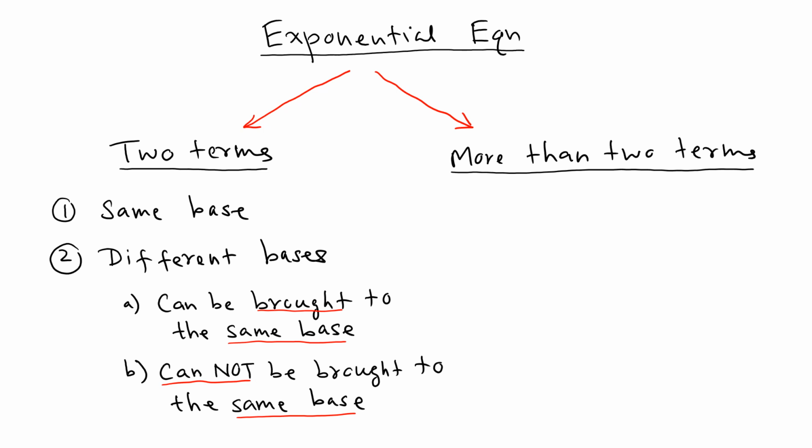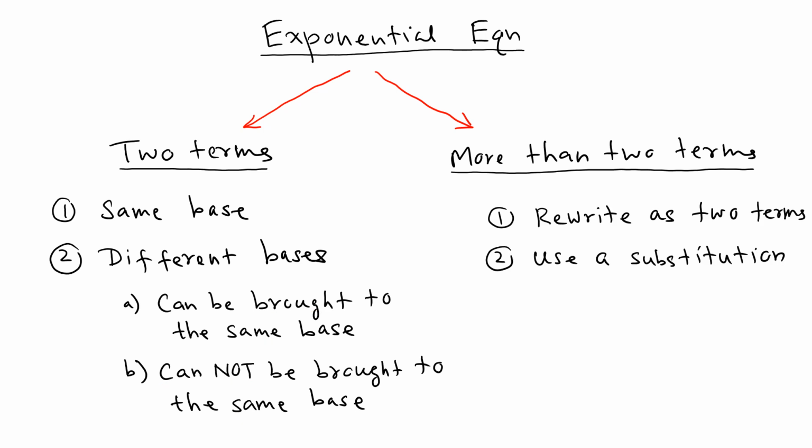We can do problems from each type. The next one is more than two terms. When you have more than two terms, we can do two things. First, you rewrite it as two terms. Second, you use the substitution method. Those are the types that we're going to consider in this one.